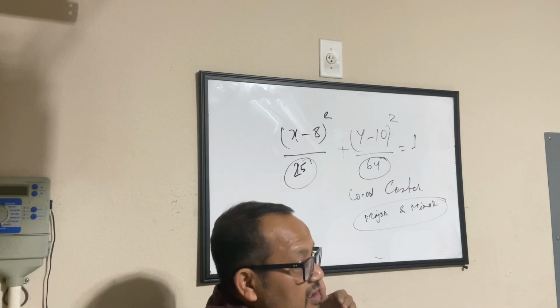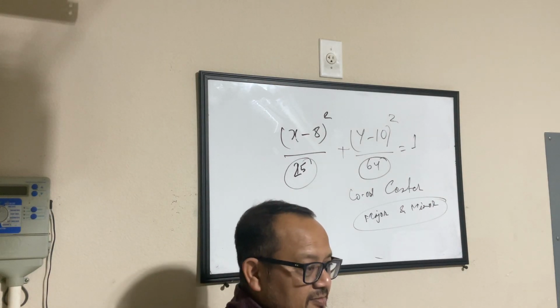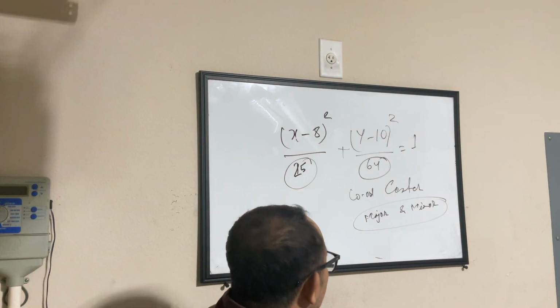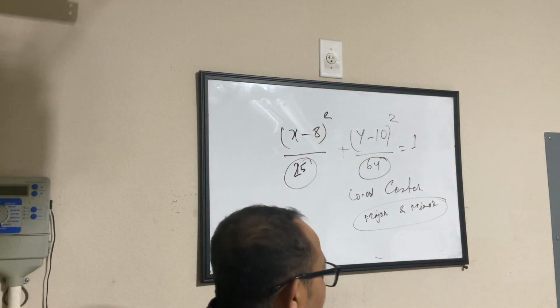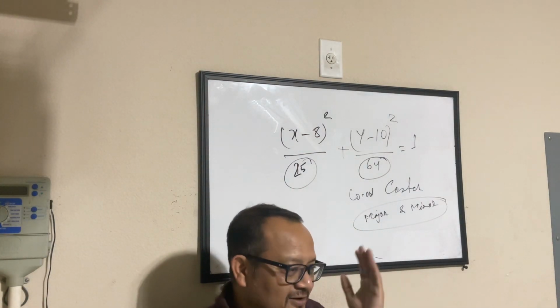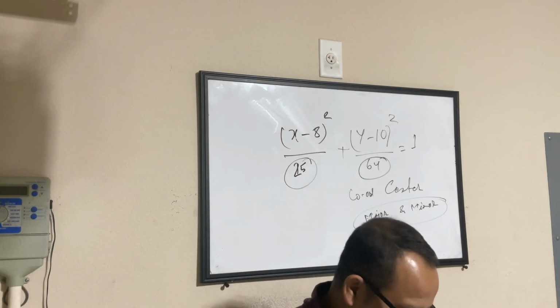Is it a horizontal ellipse? Is it a vertical ellipse? What is your interpretation just by looking at this? Is it a vertical ellipse? I would want to hear it with a little more confidence. Be it right or wrong, it's okay. You said vertical, I'm sure you would have thought about it, correct?